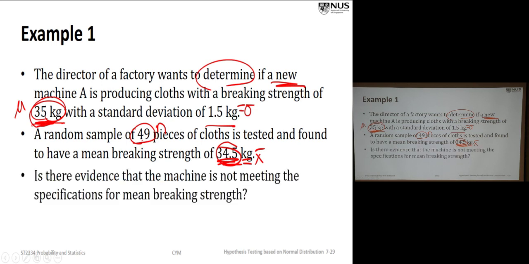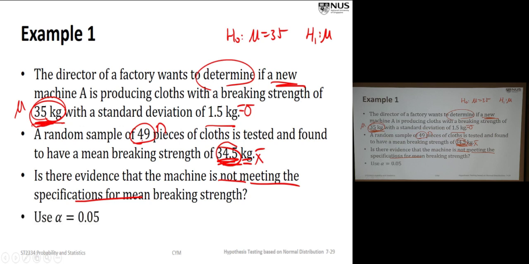No. So the question asks, is there evidence that the machine is not meeting the specification? Not meeting the specification, it can be bigger than 35, it can be smaller than 35. So we are looking at whether mu equals 35 or mu is not equal to 35.